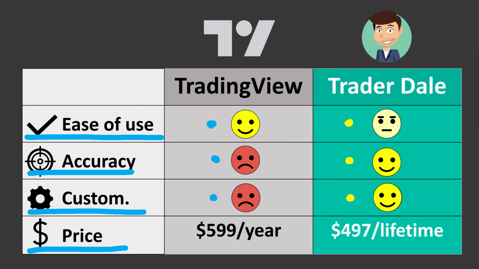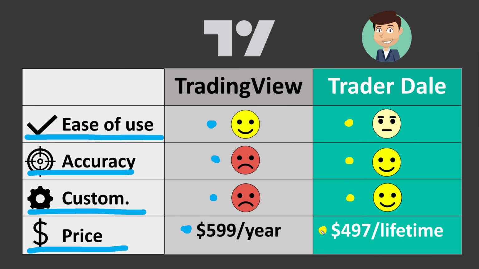Now the last point is price. And here we need to keep in mind that we are not comparing identical products. TradingView price includes platform and other indicators as well. My order flow pack, apart from the order flow indicator, also includes 12 hours of order flow trading course, custom-made volume profile indicators, and free tech support that sets everything up for you.